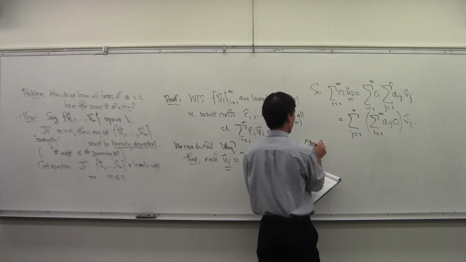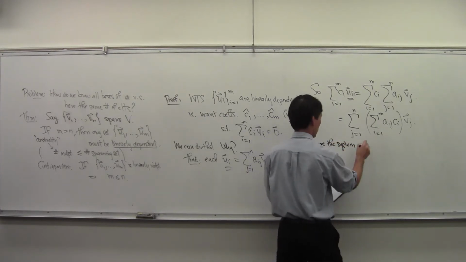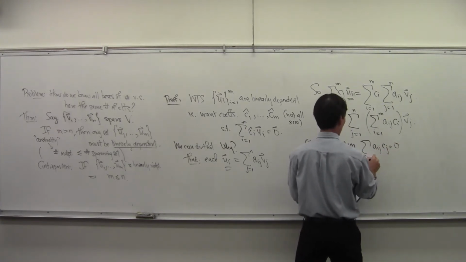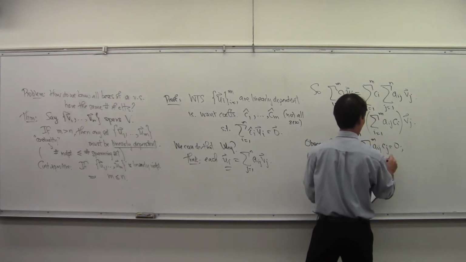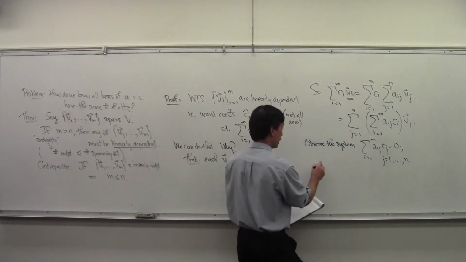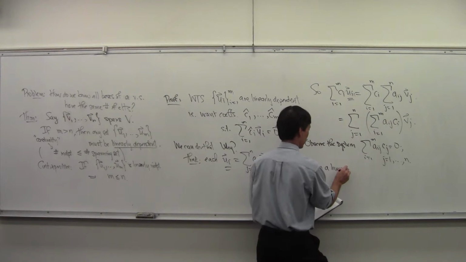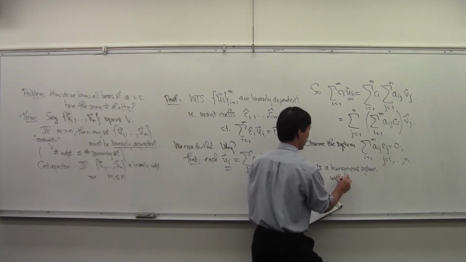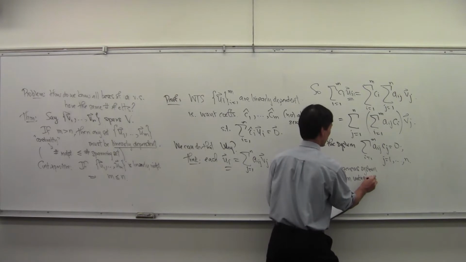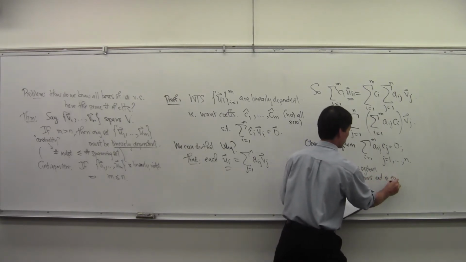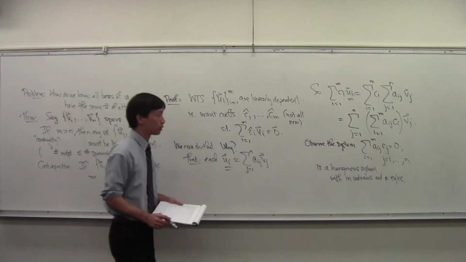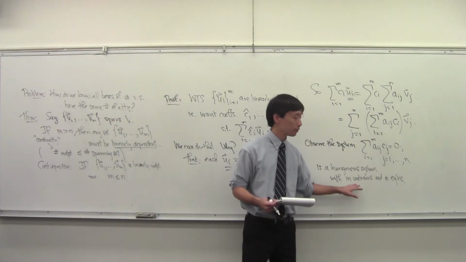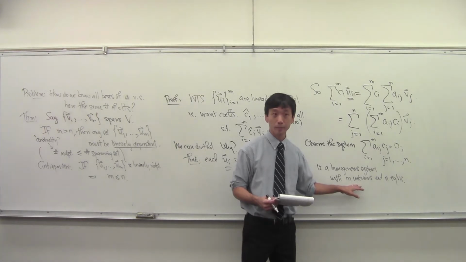Okay, and now observe that the system summation aij cj equals 0, i equals 1 to m, j from 1 to n, is a homogeneous system with m unknowns and n equations.